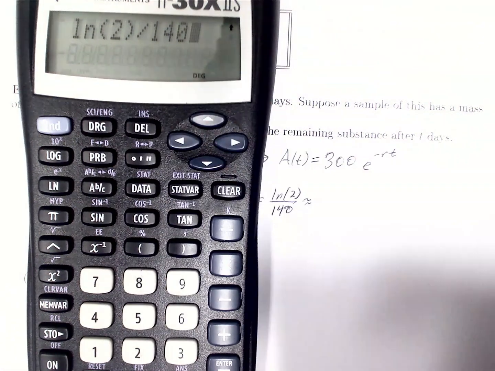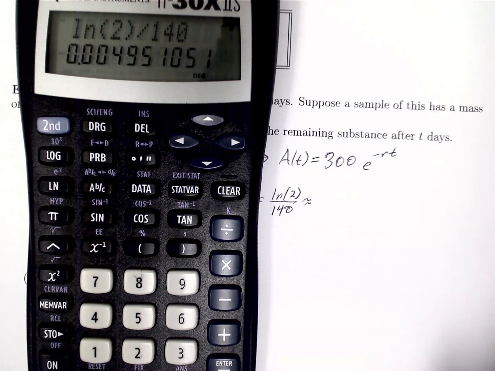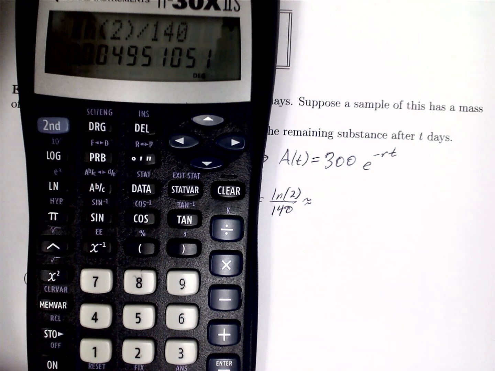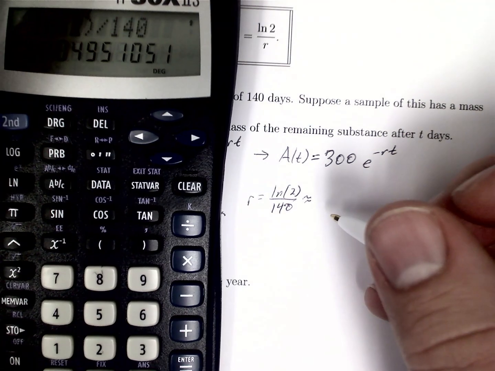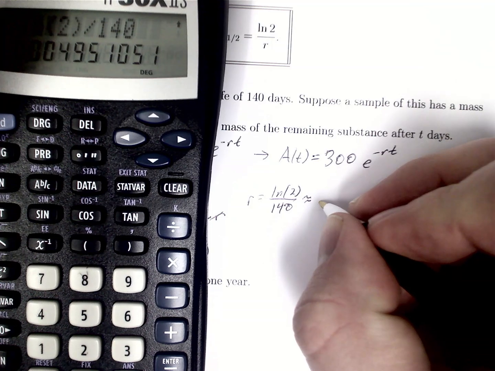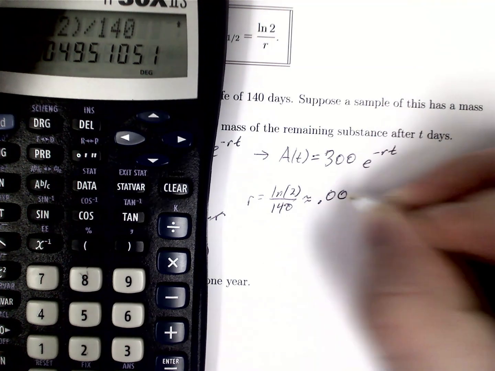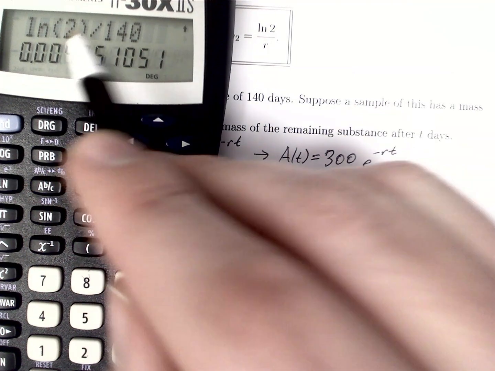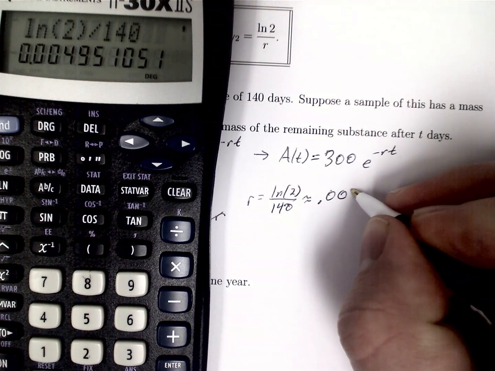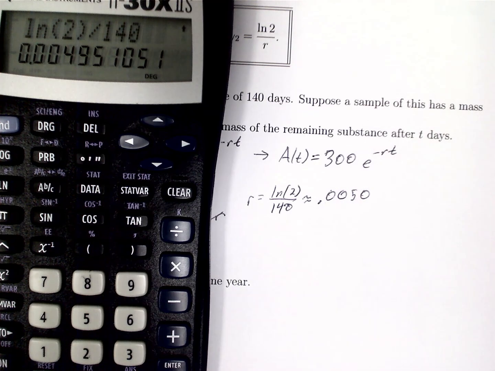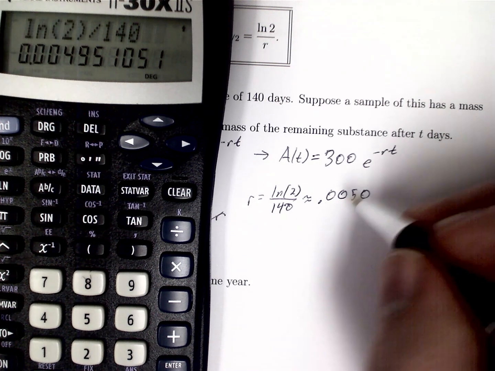Or we could do ln of 2, hit enter, and then hit divide. It will give us the same thing. 0.00495. Let's go to 4 decimals, so 0.00, and then we need to go to 49, but the 5 rounds up, so we're actually going to go to 50. So we just need to put in 0.005 into our R, since it rounds up.